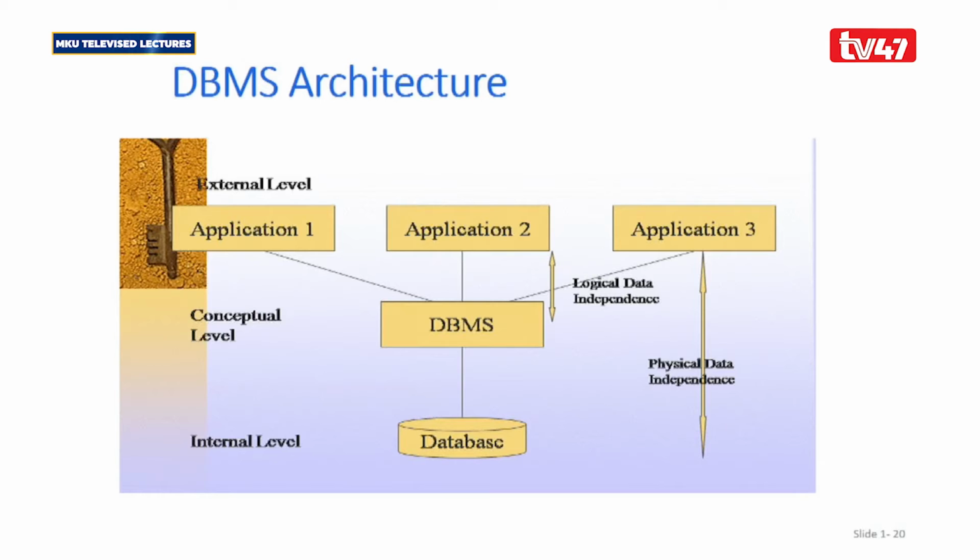For the data that you are keying in to be stored in this database, there must be a DBMS. We have 2 areas also in terms of data independence, physical and logical. Remember, we said in file-based that we talk about data dependence. When it comes to the database approach, we talk of data independence.